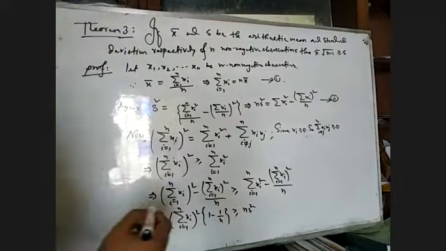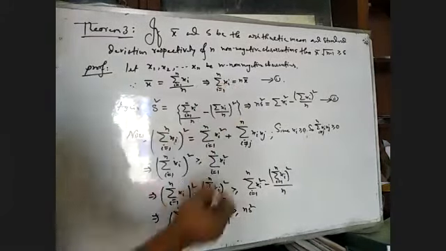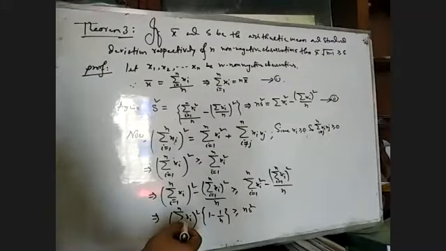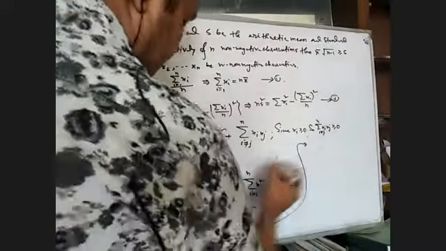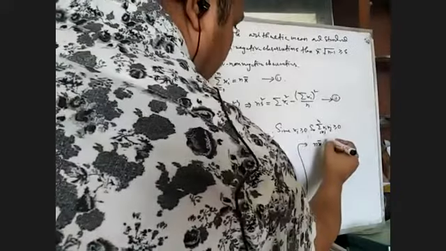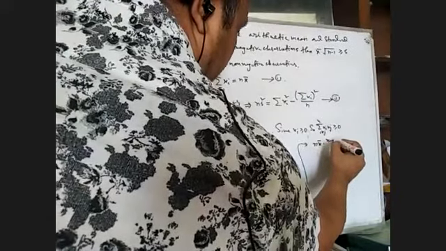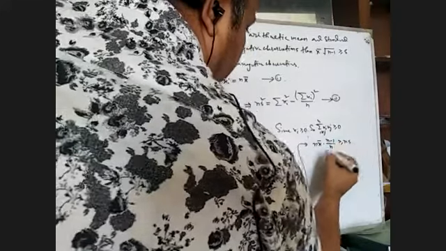And from equation 1, this is the formula of n x bar. So n x bar into (n minus 1) divided by n greater or equal to n s, or n and n will be cancelled.